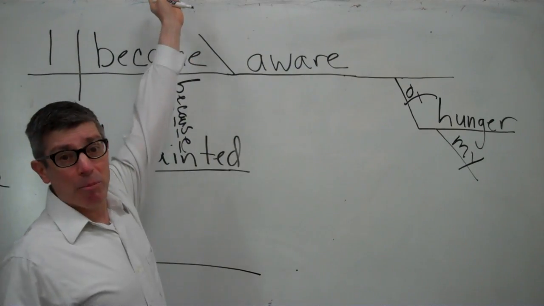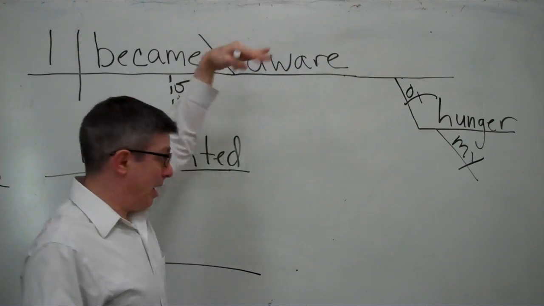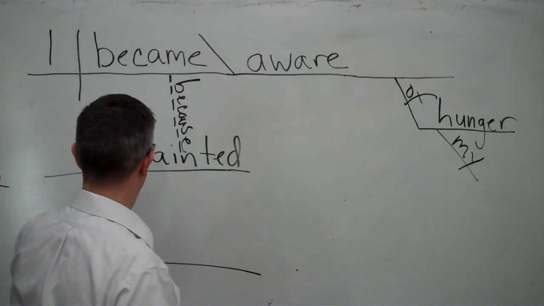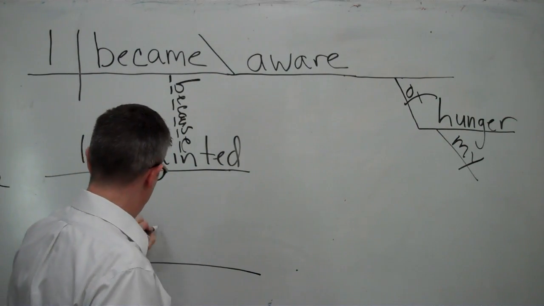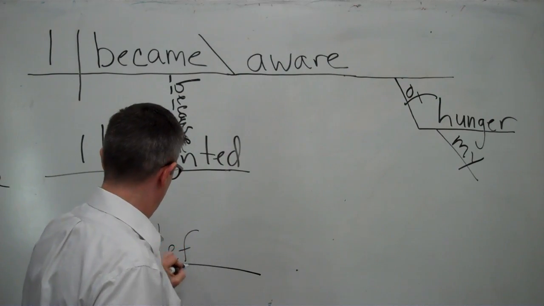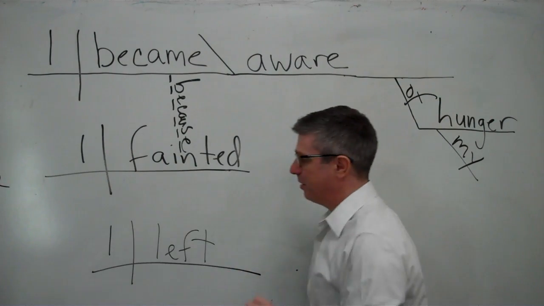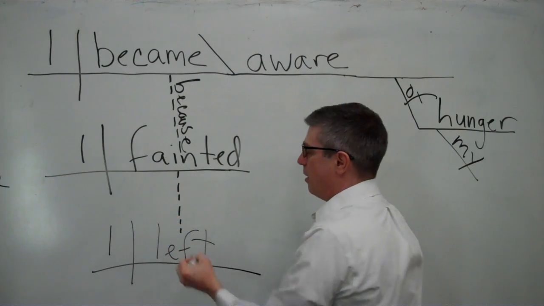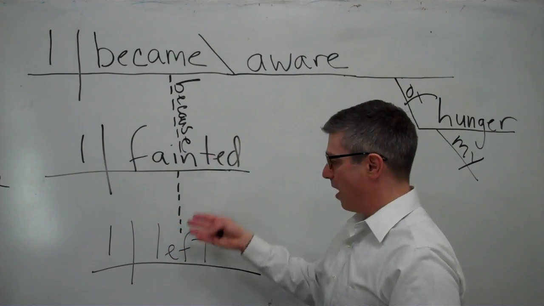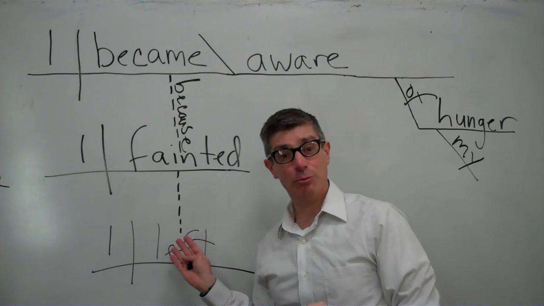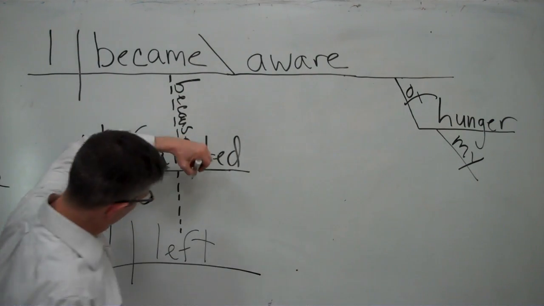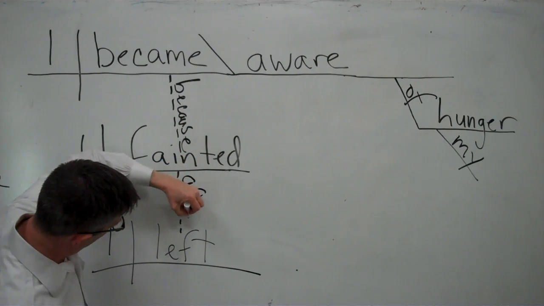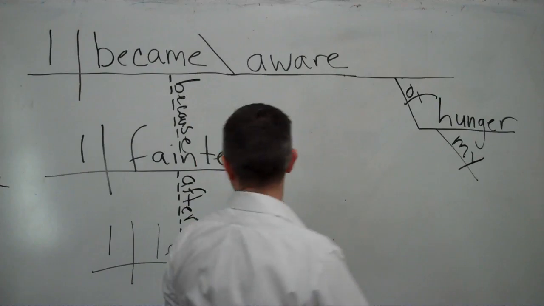You don't want to put it up above it. So in the diagram, subordination is shown literally. It is subordinated. So, I fainted after I left. The subject-verb combination is I left. And we draw a dotted line between the verb that's being modified and the subordinate clause that is modifying it, and we draw our subordinating conjunction on that dotted line.